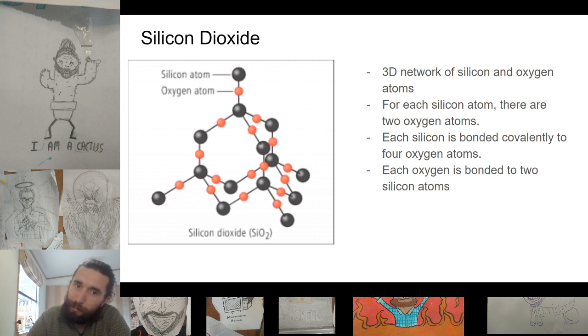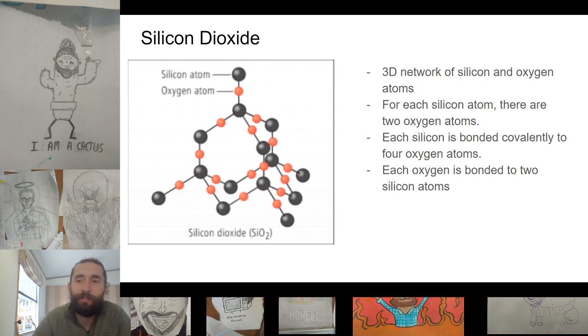So you can kind of see in between each silicon, there's an oxygen there. Silicon dioxide, SiO2, is otherwise known as silica. So for every 1 silicon, there's going to be twice as many oxygens.